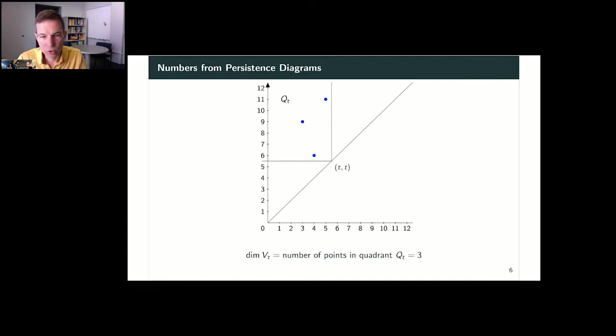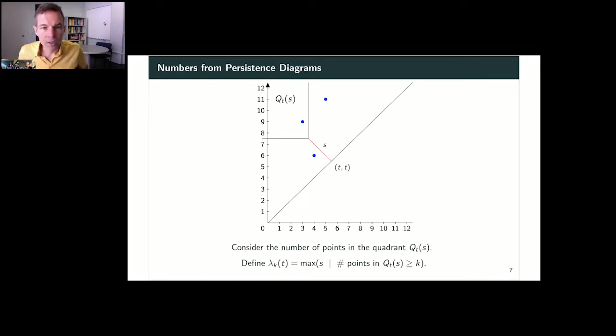If we do that, then our upper left quadrant also moves away from the diagonal, and then our count might decrease. So one question we can ask is, how far can we move that quadrant so that the count is at least 1? Maybe the count isn't really 3, and we're not so confident that it is, but we can say that we're fairly confident that the count is at least 1.